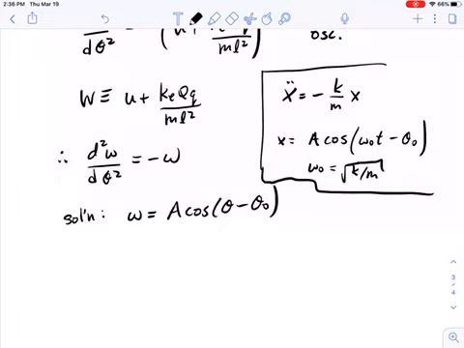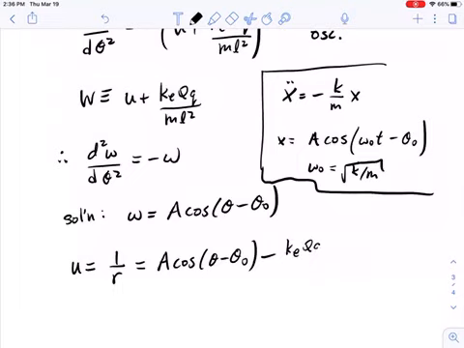So then we could say u is w minus k_e q q over m l squared. So u is also 1 over r, and so it's w, which is this A cos(θ minus θ naught), and then minus k_e q q over m l squared.